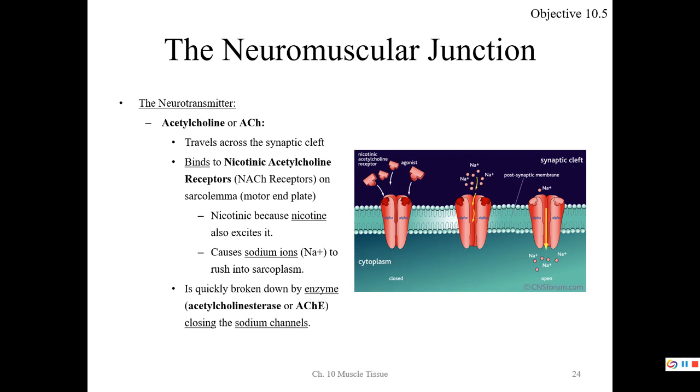What happens when acetylcholine binds is this will allow sodium to pass through the protein, and this allows me to excite the muscle cell. This causes sodium cations, sodium ions, Na+, to rush into the sarcoplasm. Now, there is an enzyme that breaks down acetylcholine called acetylcholinesterase, or AChE.